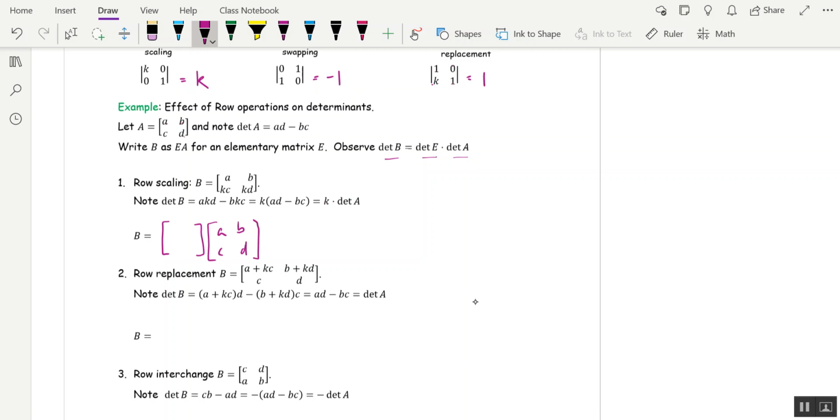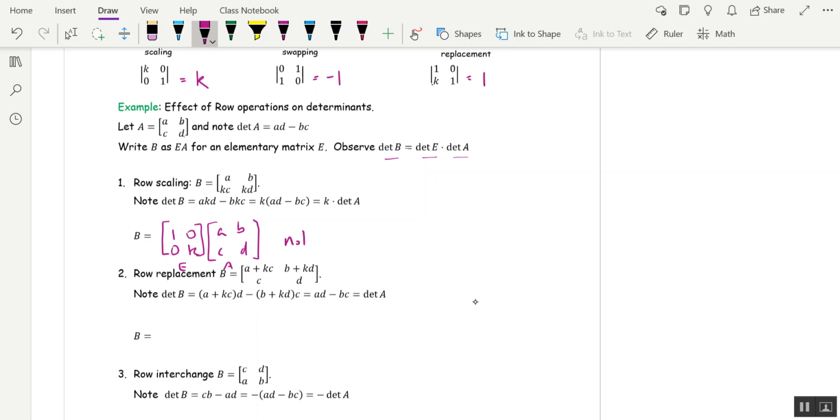Well, if I want to scale the second row of A by k, the elementary matrix I want to use is found by taking the identity and scaling the second row of the identity by k. So that's the elementary matrix I want to use. This is my E. That's A.